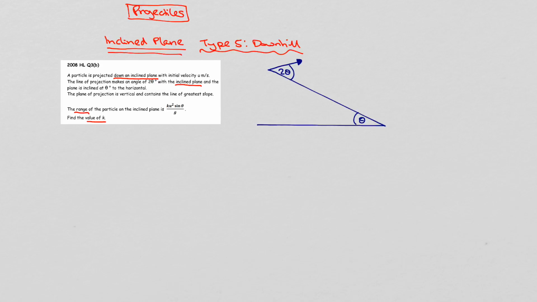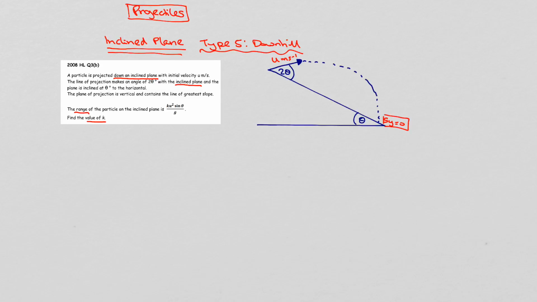And the initial velocity is u meters per second. So we're going to draw our projectile path. And again, we know on landing, because it started on the plane and it's landing on the plane, then that Sy will be equal to 0 on landing.